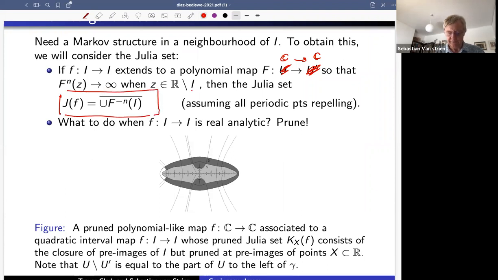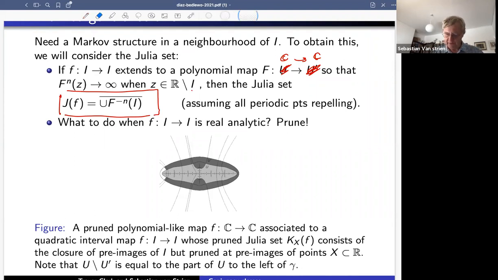This set is really the pre-images of your interval, and you take the union of these things and then take the closure. And this is when you have a globally defined map. And now what to do if you have a real analytic map? So the idea is that I want to start with a real analytic map and still introduce some geometry, or well, in the first instance, topology.